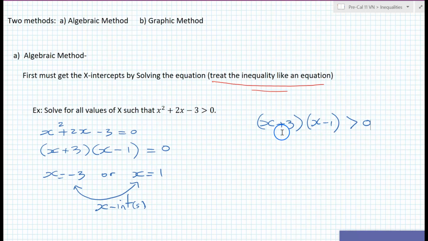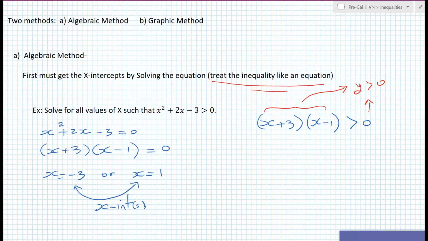Now be aware that this greater than 0 actually means that y, which is the function, has to be positive. That's what it means, because this function is actually the y value. That's the quadratic function. So we want to know for what values of x this inequality is greater than 0.